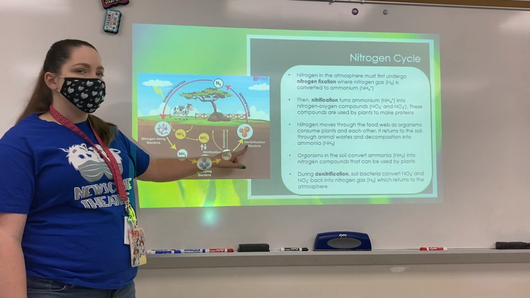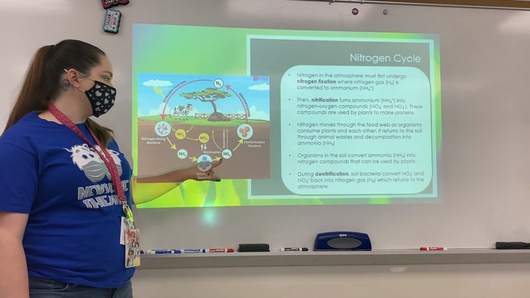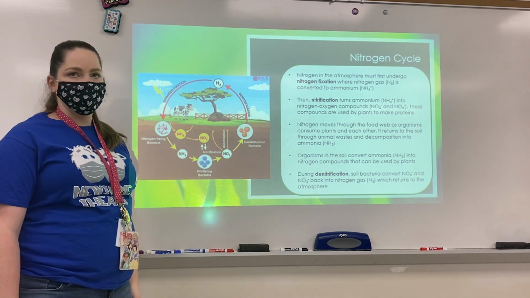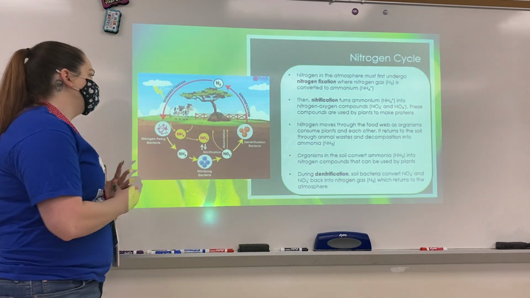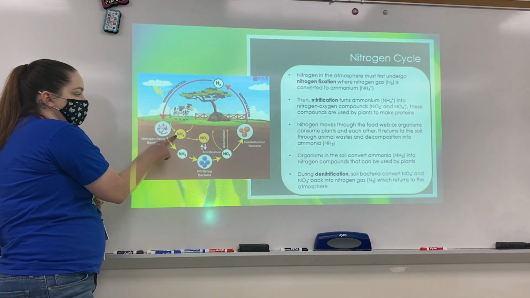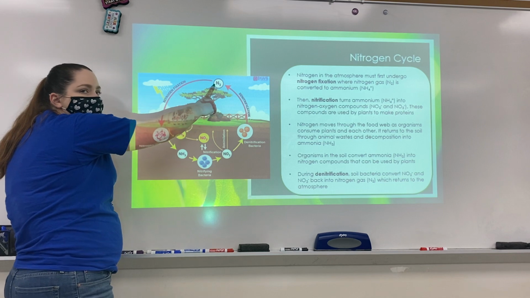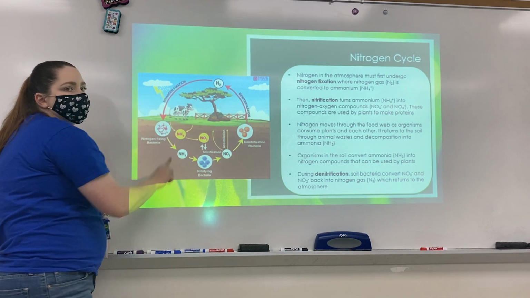Again, there are bacteria that turn those nitrogen-oxygen compounds back into nitrogen. So you have nitrogen becoming ammonia, becoming nitrogen-oxygen compounds, going back to nitrogen gas, and it is a cycle.